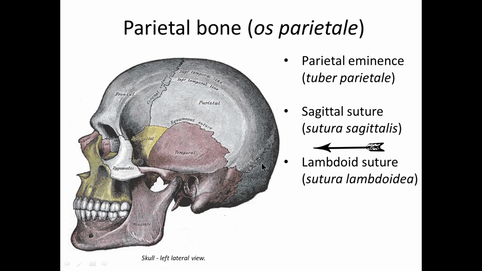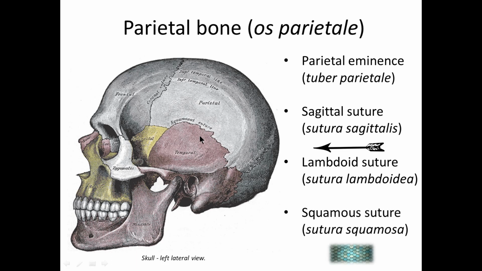You might want to analyze the Latin origin of this term, and I will leave this to you. Feel free to share your thoughts in the comments. The fourth ridge of parietal bone is formed by the squamous suture, as it articulates here with the squama of the temporal bone, thus forming this suture.